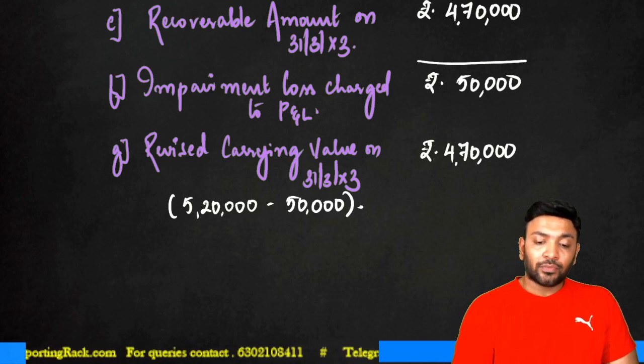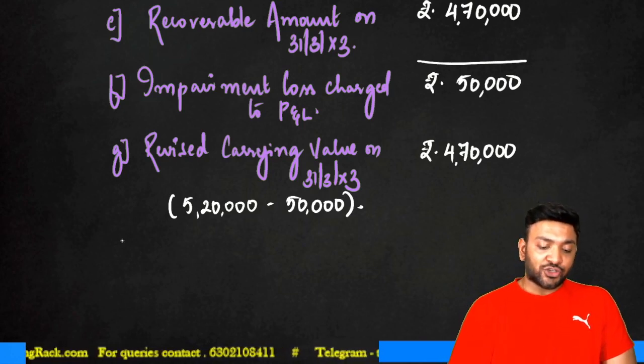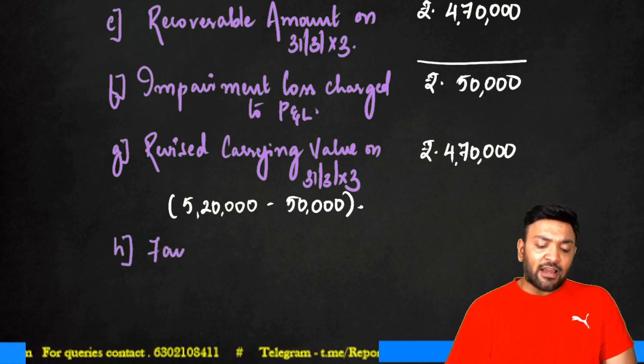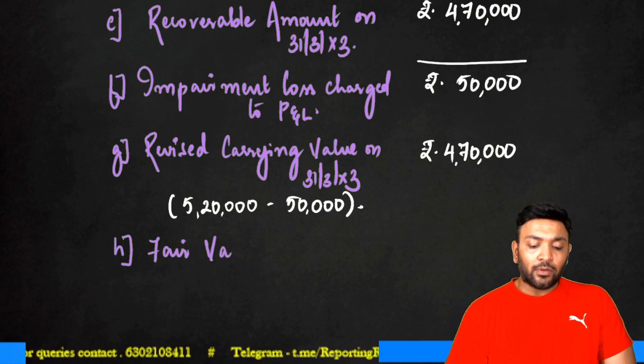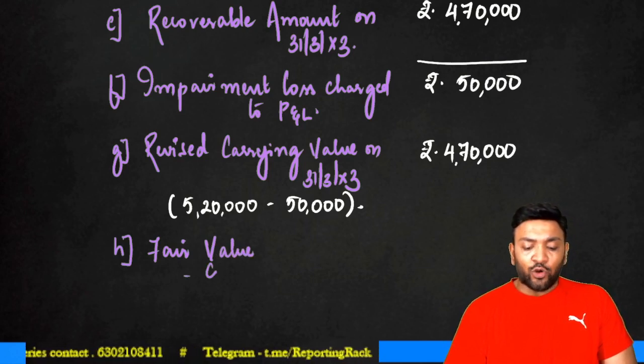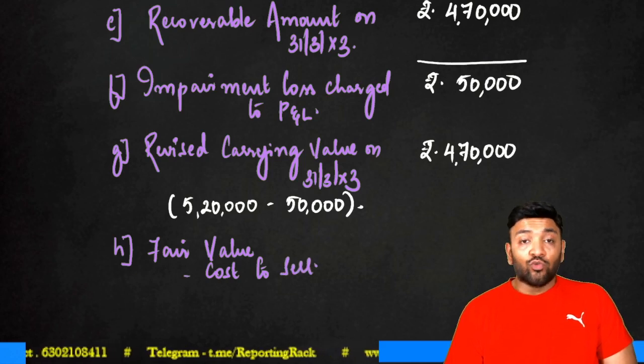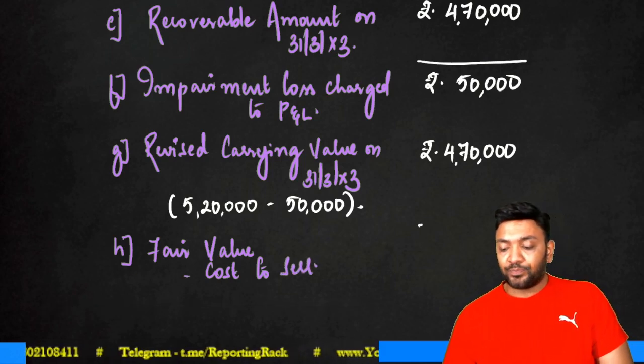Here, point number H. On that day, what is your fair value less cost to sell? My fair value minus cost to sell was 4,60,000.